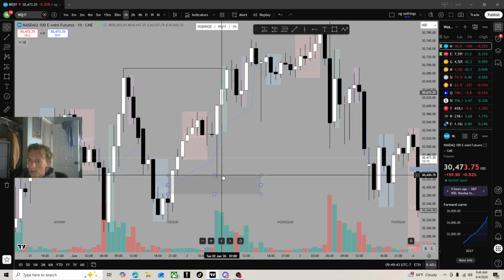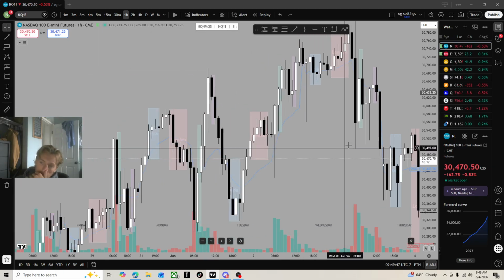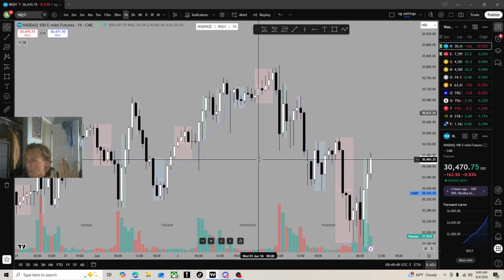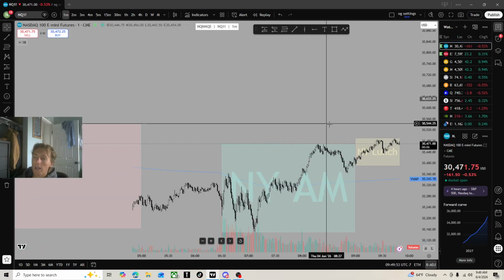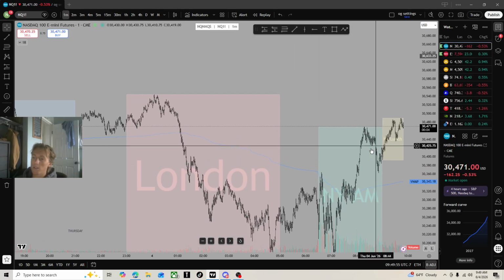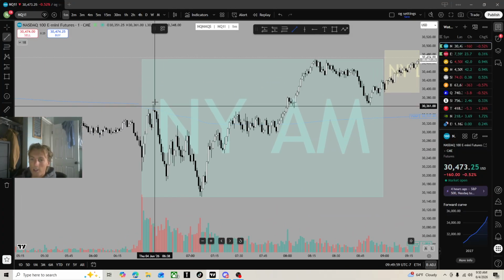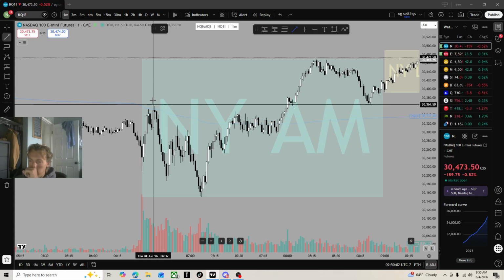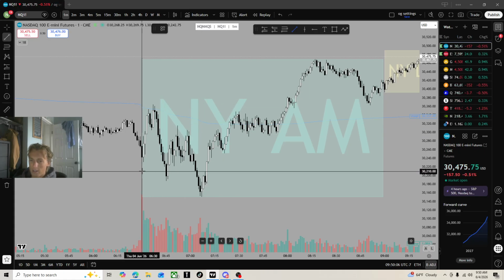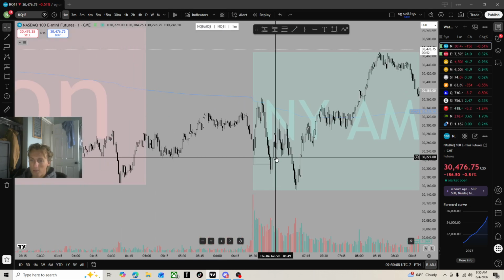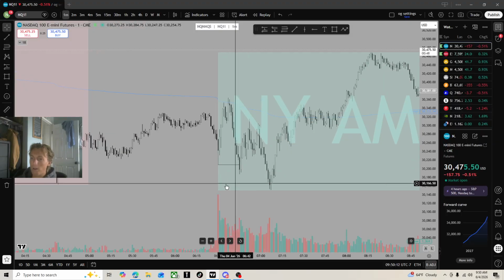But yeah, honestly, liquidity is pretty simple. Just use session highs and lows and major swing points. When you're looking at the 1 minute chart, you'll get a lot of noise. You could try to use this as a liquidity sweep, but if you just look over, there's a London low right below it.